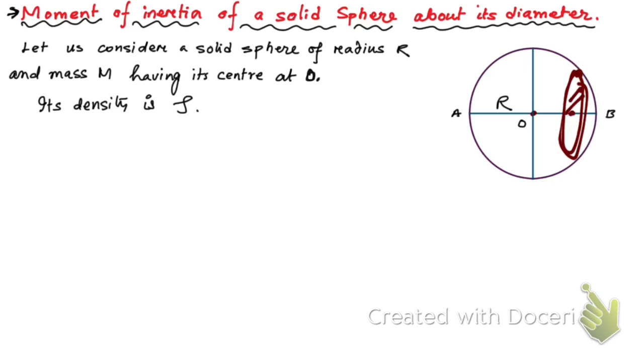And let us consider one such disc at a distance x from the center O, and we're gonna find its radius.